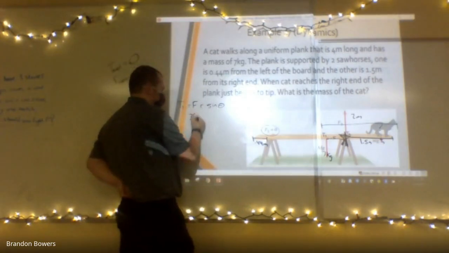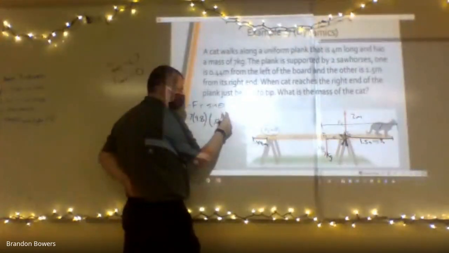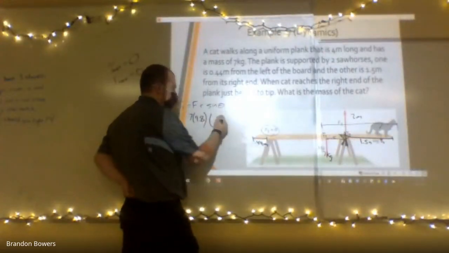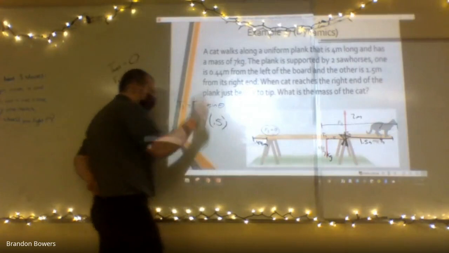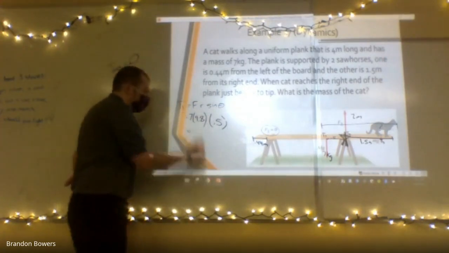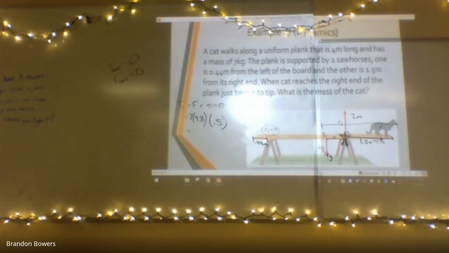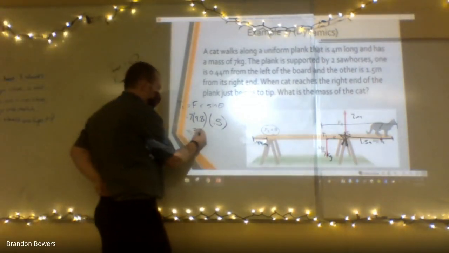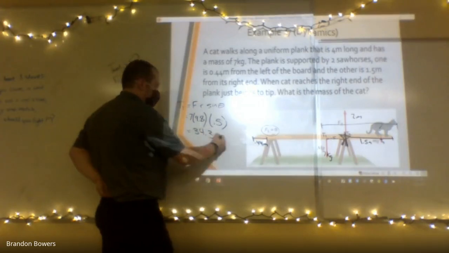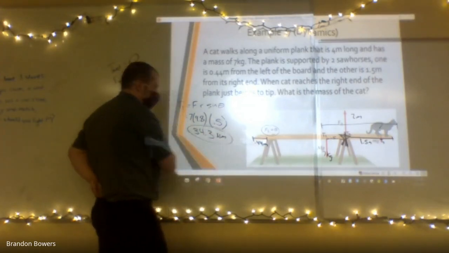Radius is 0.5. Sine of theta is just 1. So what is torque 1? 34.3. Okay, that's Newton meters. Perfect.